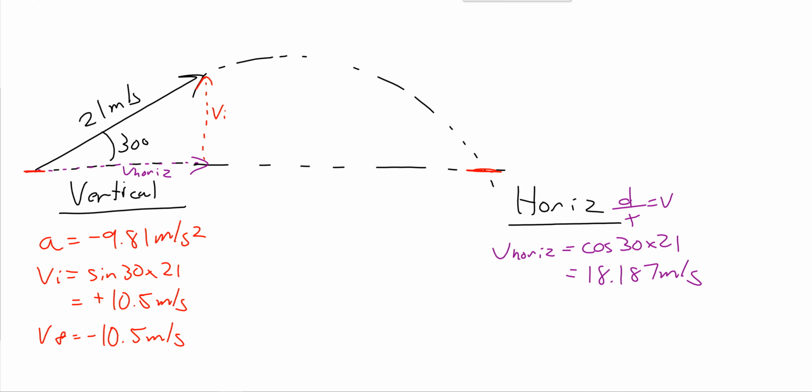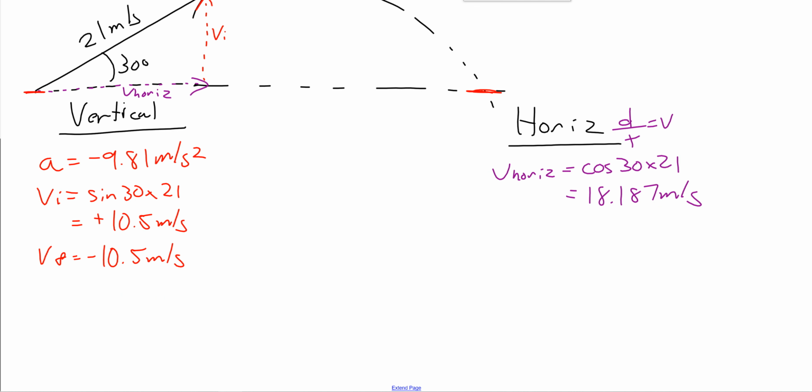I want to use V equals d over t. They wanted to know how far this thing travels horizontally. If I'm going to do that, I'm looking for d. I only have v right now. I need t if I'm going to get d. It's also handy because there's more than one way to calculate the maximum height, and one of those ways uses the time. So I might as well calculate the time right now. I have all the information here that I need to do that.